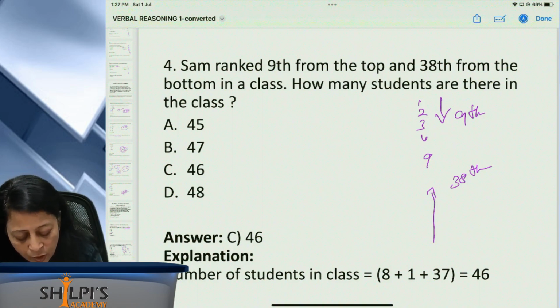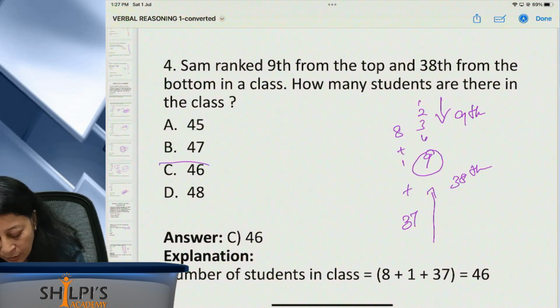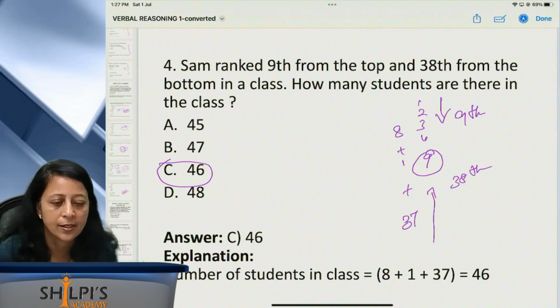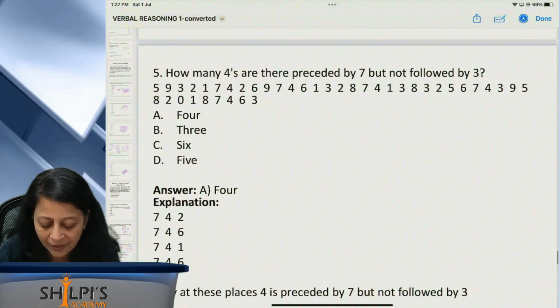So he is 9th from the top, which means there are 8 students before him. Let us assume there are 8 students before and 37 students after. So 8 plus 1, which is Sam, plus 37. So how many students are there totally? 46 students in the class. Okay. This is a very easy question.